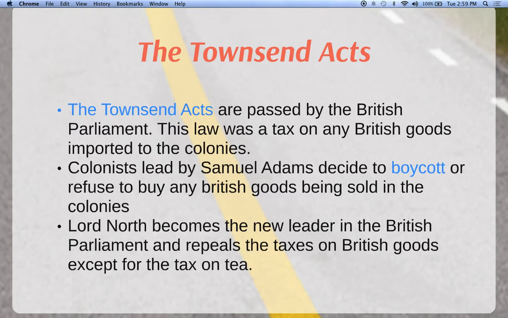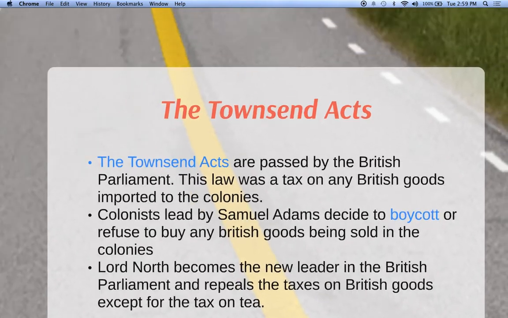Basically, Samuel Adams decides to boycott this, and he sets up this boycott colony-wide, where they stopped buying British goods. This guy named Lord North becomes the newest leader in the British government, and basically he takes away all of the Townsend Act taxes on British goods, except for one on tea. And we'll talk about that here in just a moment.